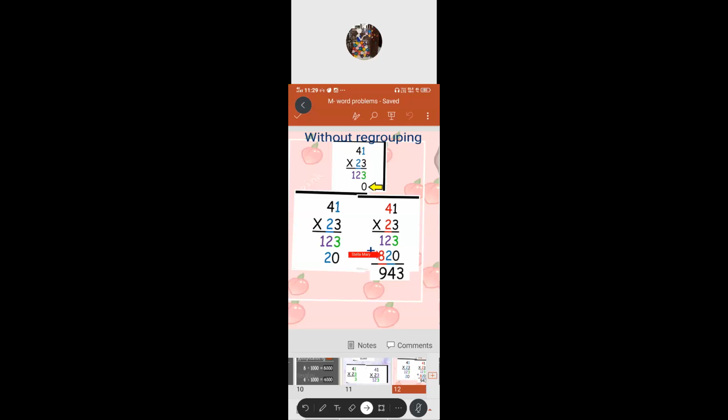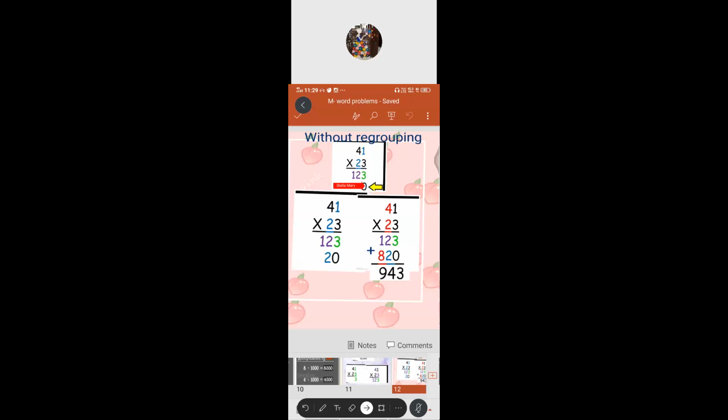Second step is multiplying by the tens digit. While multiplying by the tens digit, always start with 0. If you forget that and start from 2 here, that is really a wrong one. So always start with 0 at the right.